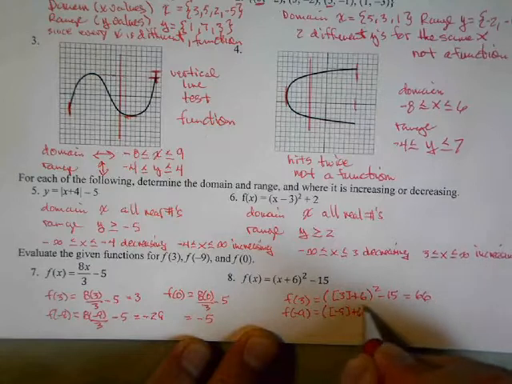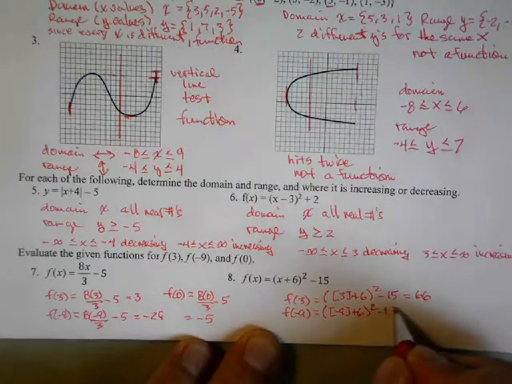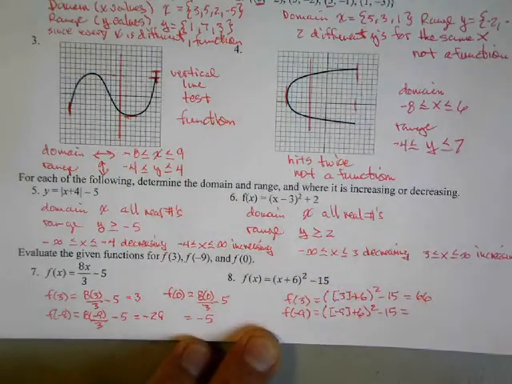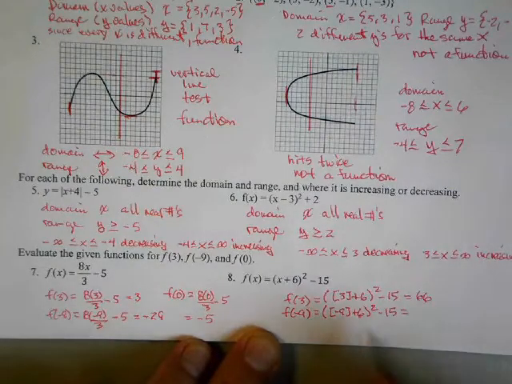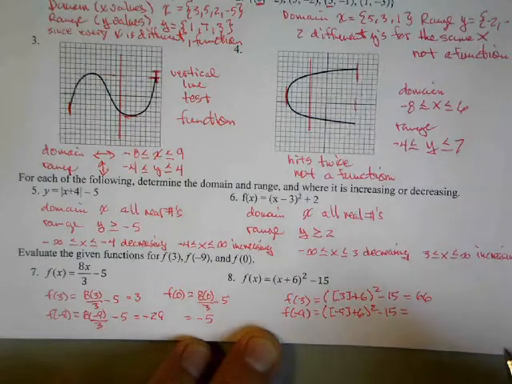Notice the only thing that's changing is what I plugged in for the x. So here, negative 9 and 6 is negative 3. Negative 3 squared is 9. 9 subtract 15, negative 6.